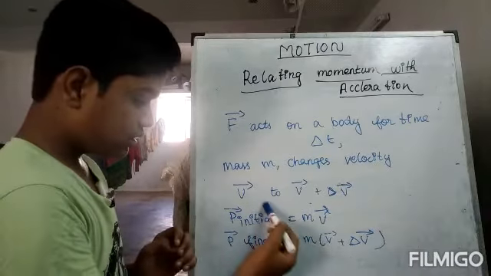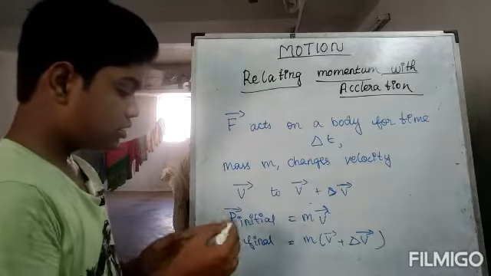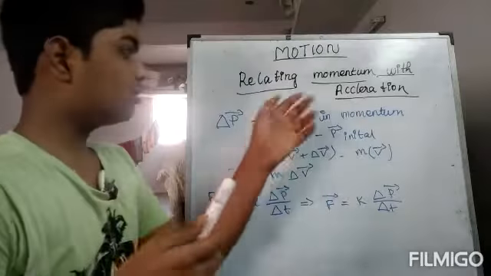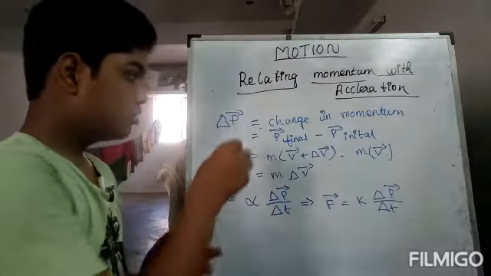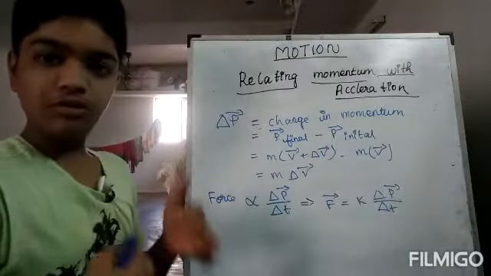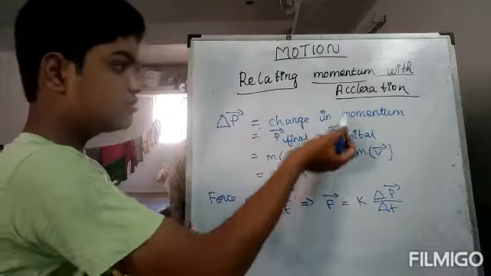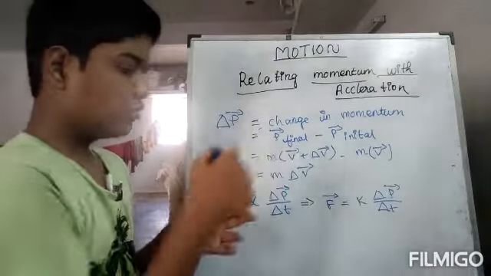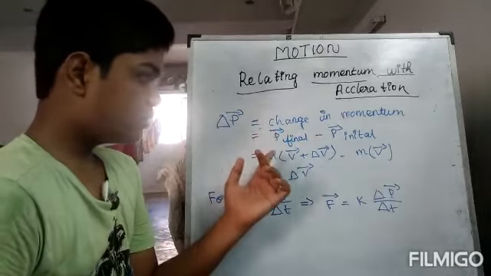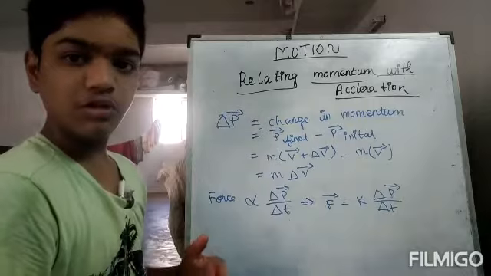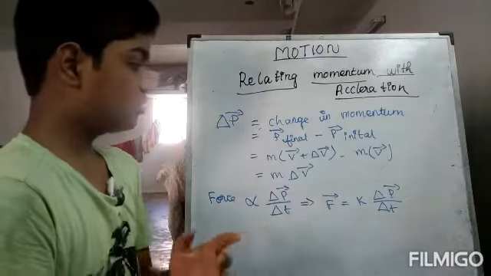Now we will go to the rate of change in momentum. We saw the change in velocity, so the momentum will also change. The change in momentum is equal to the final momentum minus the initial momentum.